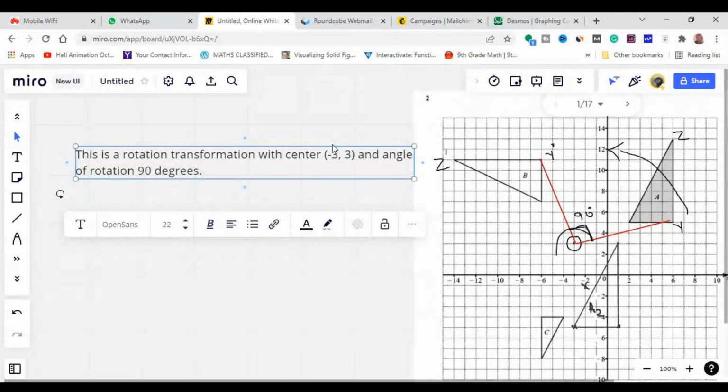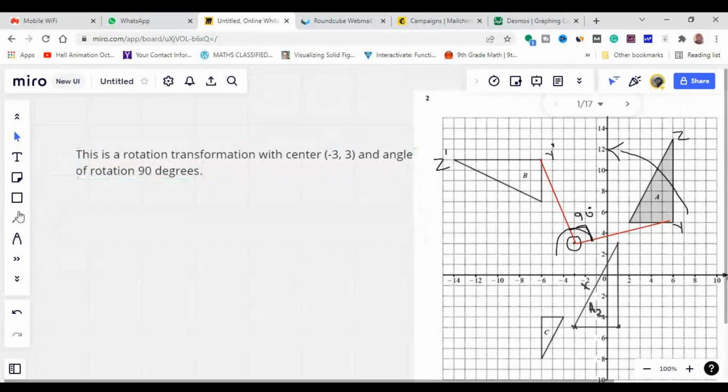If you're writing positive angles, it means anti-clockwise 90. If you write negative 90, it means it is clockwise 90. So no need to write the word clockwise or anti-clockwise. The sign explains the direction. If you want to write it, there's no restriction. You can write. This is it.